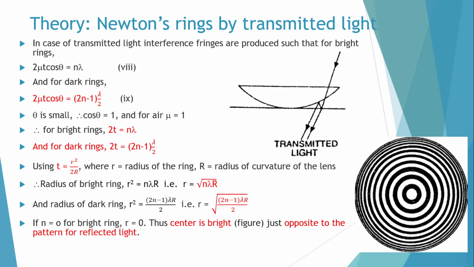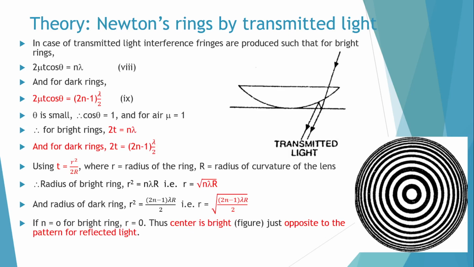Again from the geometry of the figure, that is the geometry of the thin film, you will find that the thickness t at a distance small r is t equal to r square upon 2 into capital R, where small r is the radius of the ring and capital R is the radius of curvature of the lens.